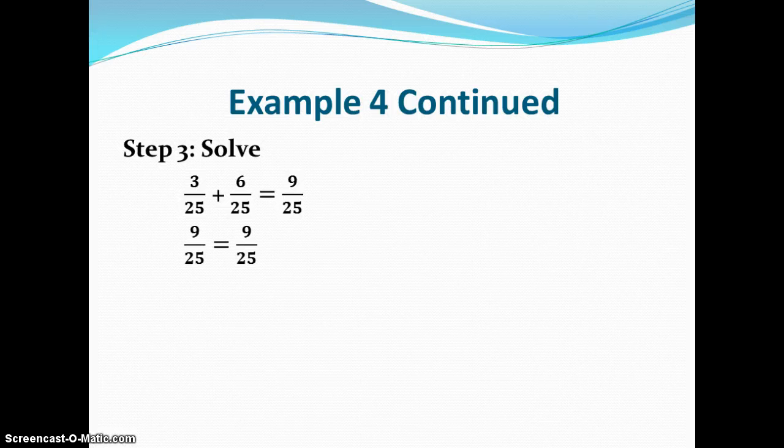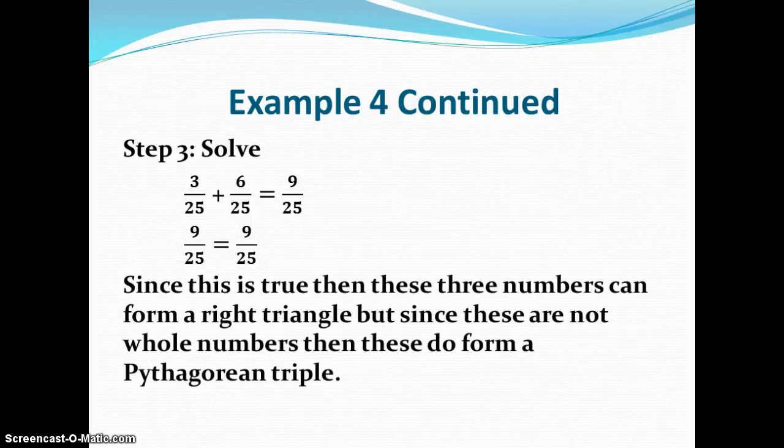And when you add 3/25 and 6/25, you get 9/25 equals 9/25. Since this is true, then these three numbers can form a right triangle. But since these are not whole numbers, then these do not form a Pythagorean triple.